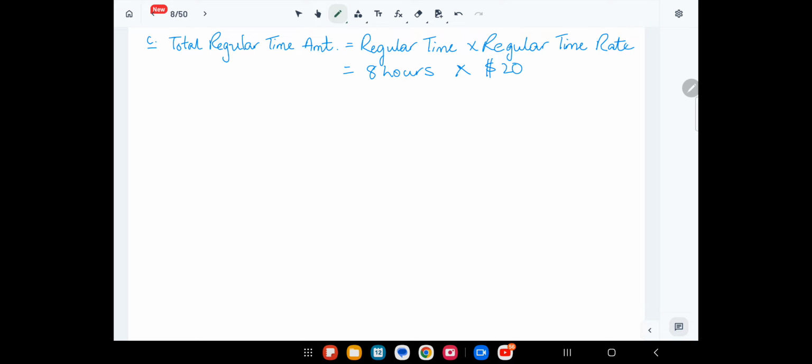So 20 multiplied by 8, 8 multiplied by 2 is 16, and then add the 0 to the end. So that means he earned $160 for the first 8 hours, which is regular time.